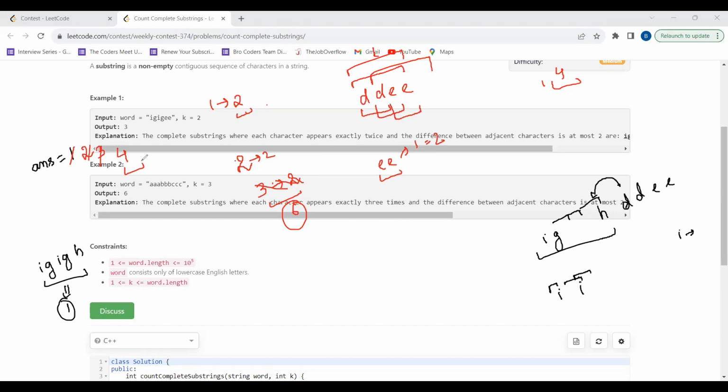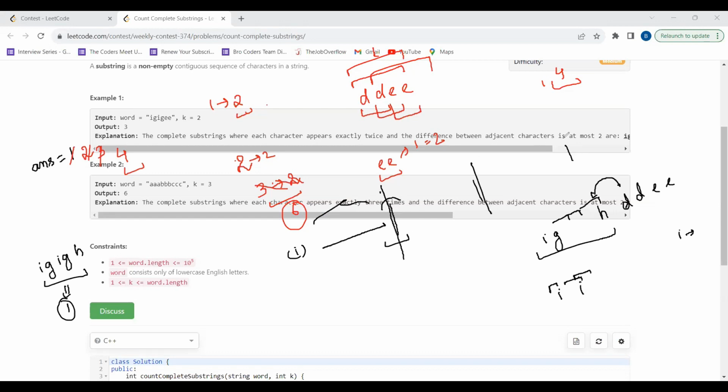So if this is clear, let me summarize all of this for now. First of all, we will iterate over the array and straight away do partitioning, or you can do it at runtime also, but we'll do partitioning. If any two characters have a difference greater than 2 in their ASCII values, these two cannot be in the same substring, so let's put a partition here.